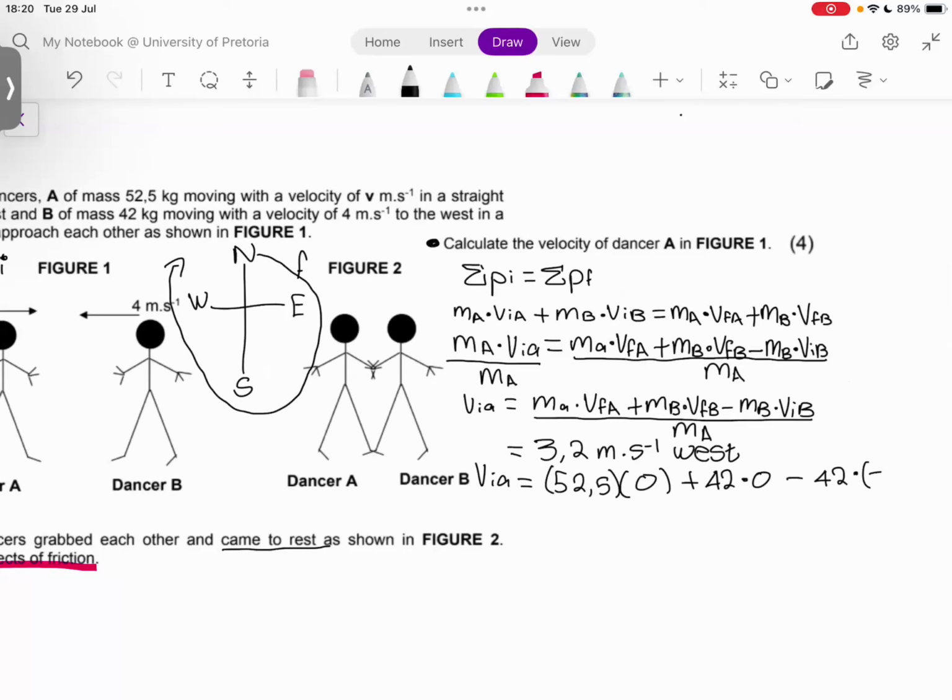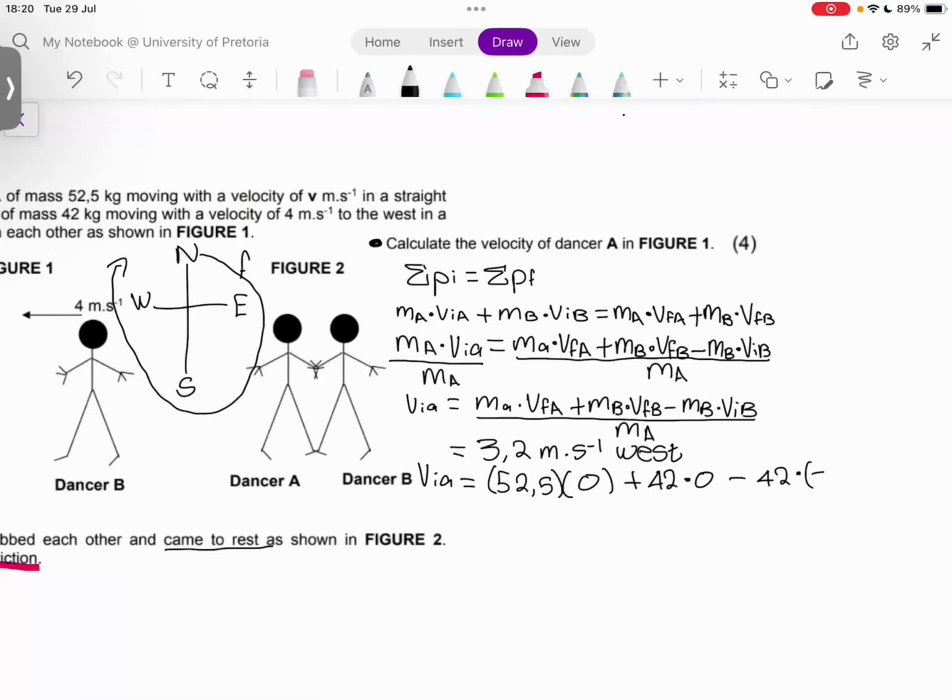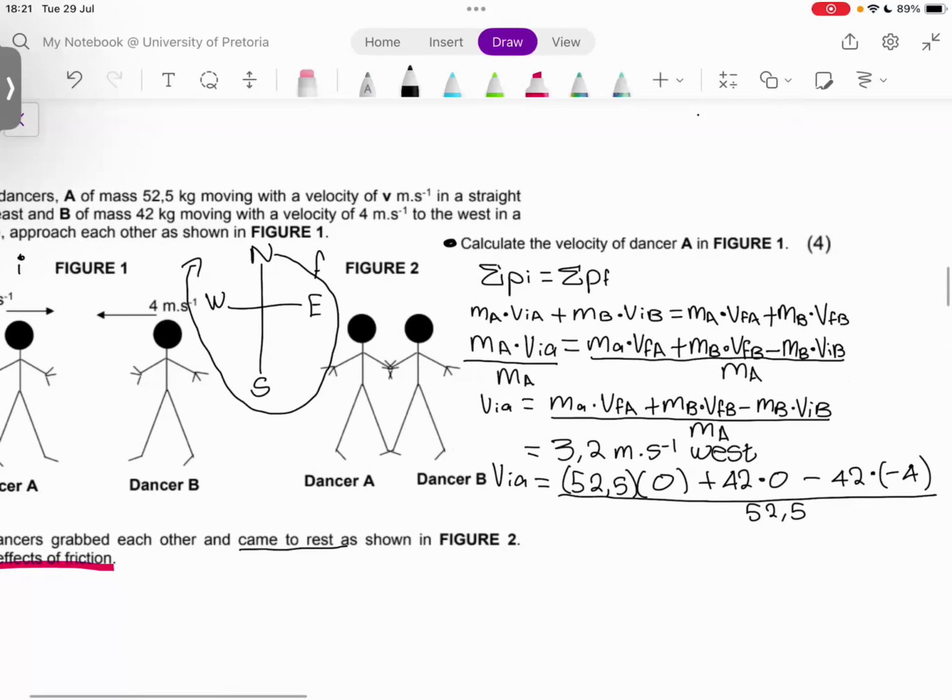So negative 4. And all of that is divided by 52.5. From here, if you want to find VIA, the initial velocity of A, that then gives us positive 42 times 4 all over 52.5. That then simplifies to 3.2.